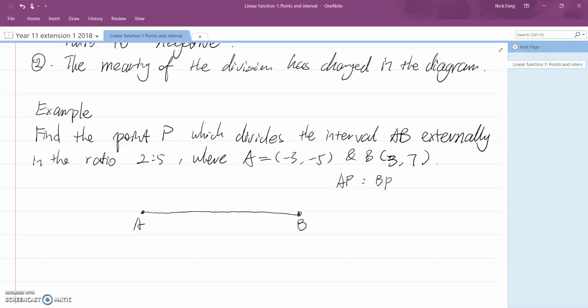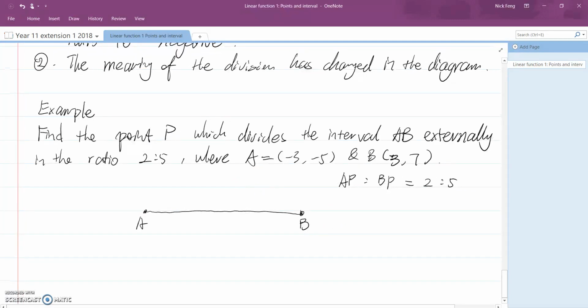So therefore, AP to BP is still 2 to 5. You have to accept this. Can P be here? Not really, because if P is here, AP is actually longer than BP. There's no way you can get a ratio of 2 to 5.